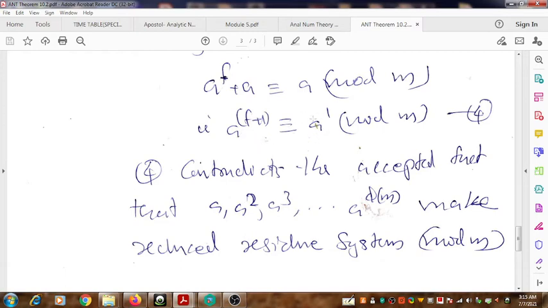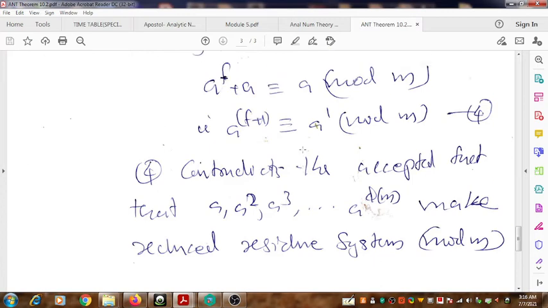It means that when a is divided by m, we get the same remainder as when a raised to f plus 1 is divided by m. So a and a raised to f plus 1 give the same remainder when we divide these numbers by m.